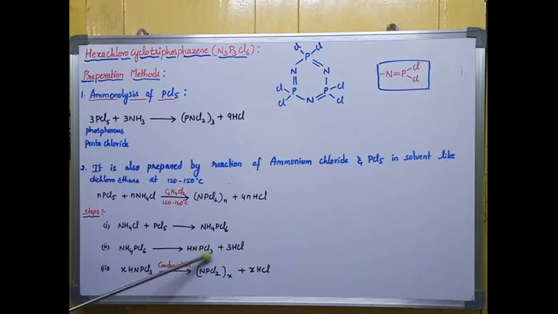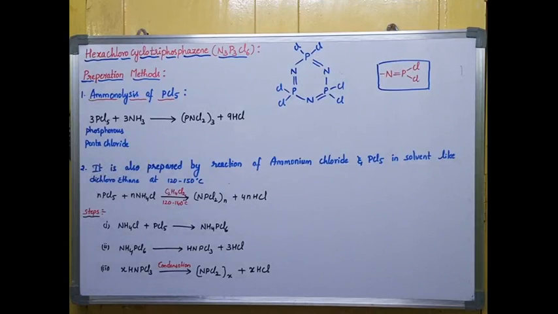So x units, this polymer is produced in this particular reaction along with HCl as a byproduct. So here we are getting our phosphazene as a product, that means hexachlorocyclotriphosphazene. You can substitute this n with a 3. Okay, so these are the 2 methods of preparation.